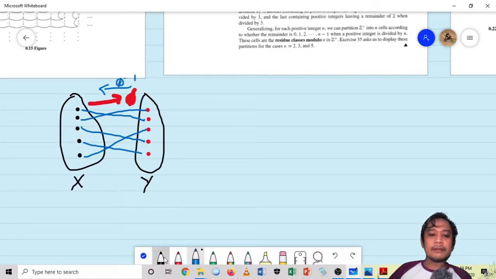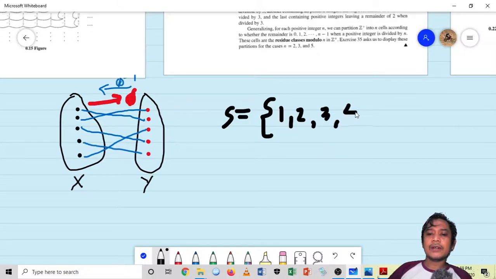So take for example a set S containing elements 1, 2, 3, 4, and 5.